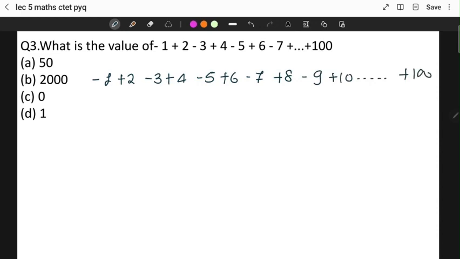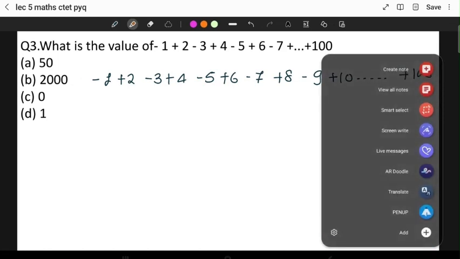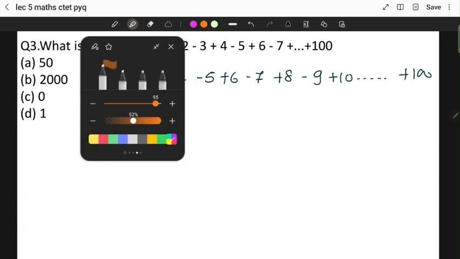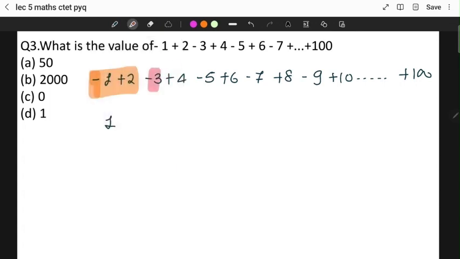If we look at a single pair, the pair of minus 1 and 2, what answer are we getting? Minus 1 plus 2, the answer is 1. Got it? Minus 3 plus 4 will again give 1.